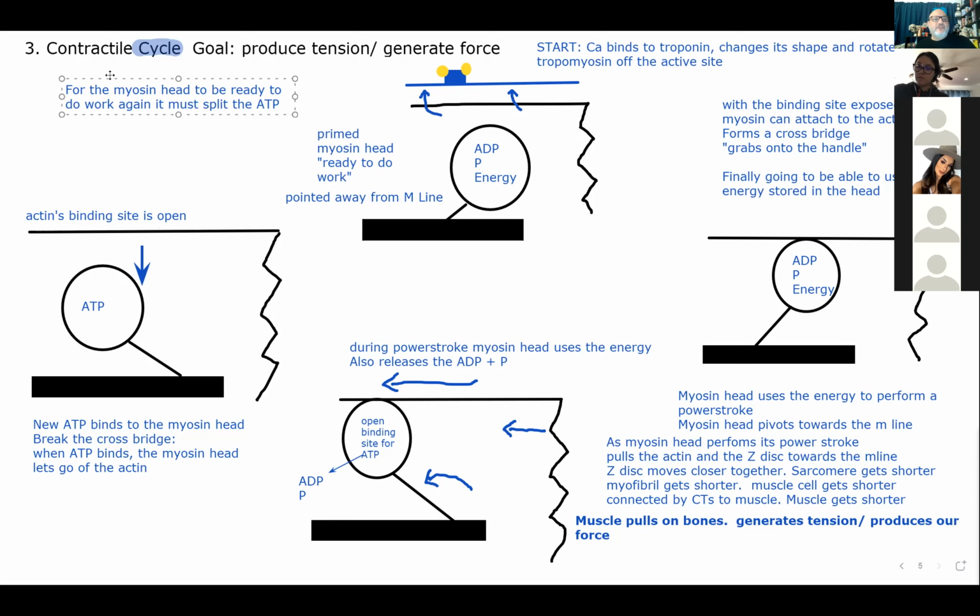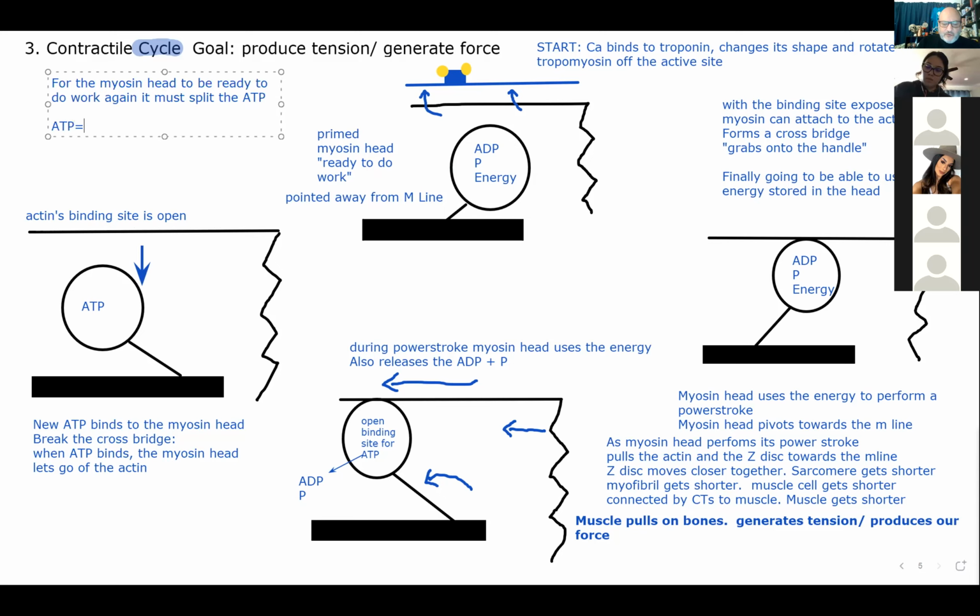So for it to be ready to do work, it must split the ATP. When it splits the ATP, of course, we get an ADP, we get a phosphate, and we get energy. And when it does that, it revitalizes or reprimes the myosin head.